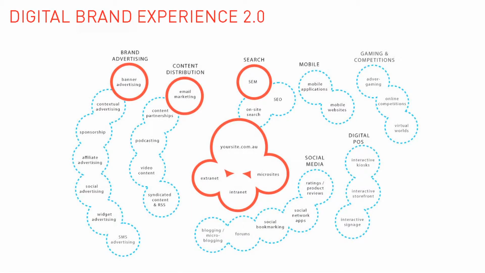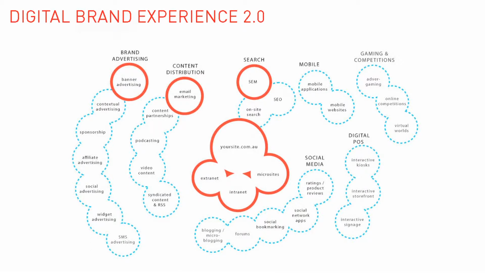Now as the web becomes more fragmented and consumers take control of it, and they do more and more different things online and use the internet to play more different roles, this is more what a digital marketing strategy looks like, in terms of considering websites, intranets, extranets, the various forms of paid advertising that you can do online, different forms of email marketing and casting your information out to the web, mobile, and obviously social media.